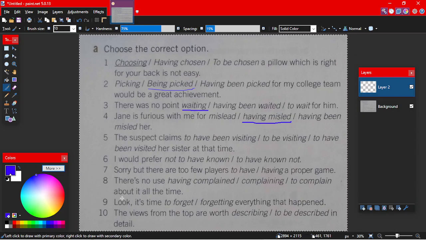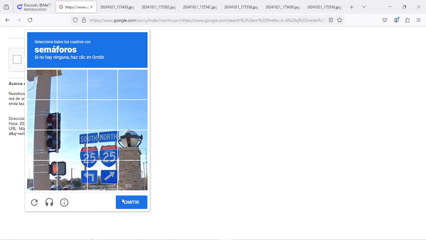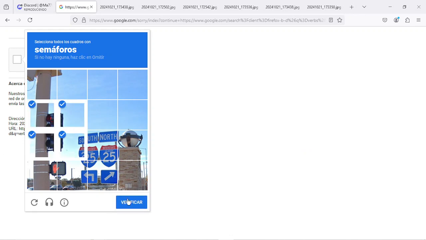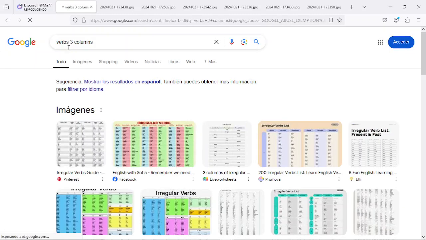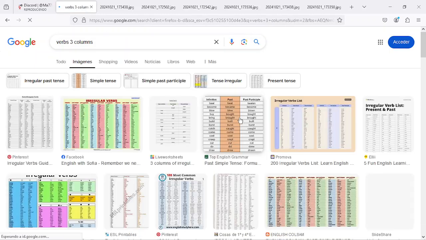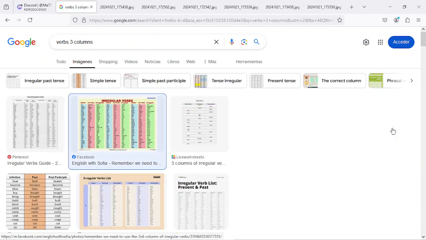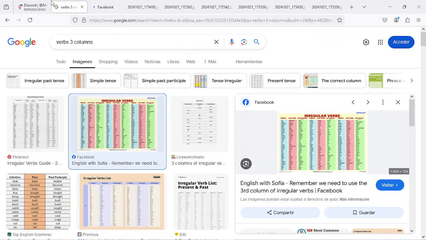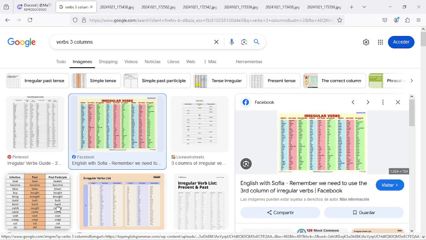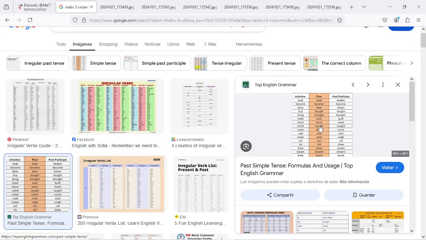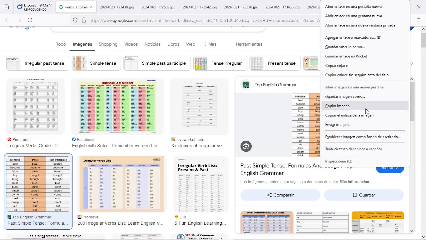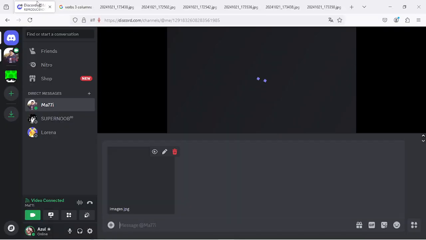Jane is still furious with the writer at the time of him writing that. But let me look this up. I'm being put through some captchas. Okay, let's see. Irregular verbs, for example. Yeah, we can look at this. Hold on, I'm looking an example up. Here, okay, I found an image that we can use as example.